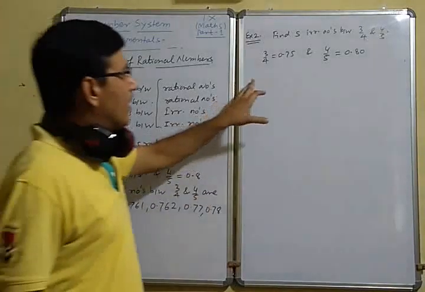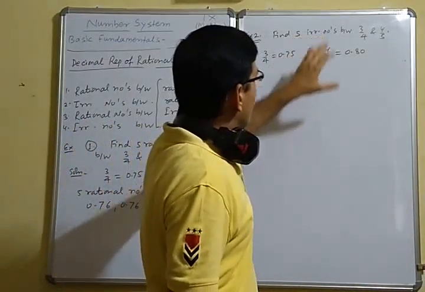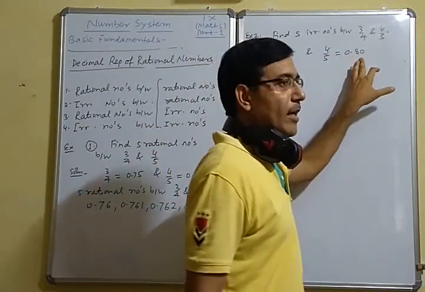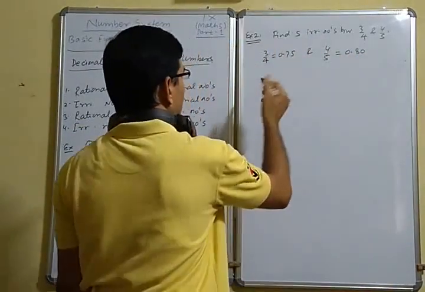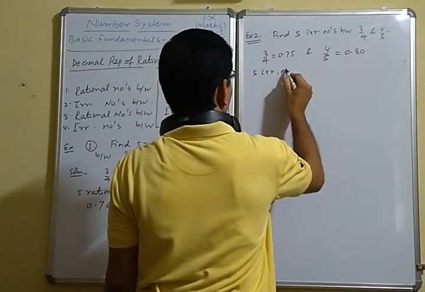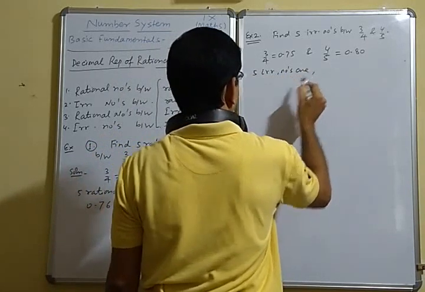Now we have to insert five irrational numbers between 0.75 and 0.80.